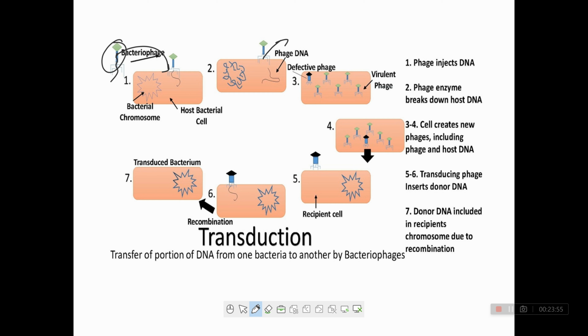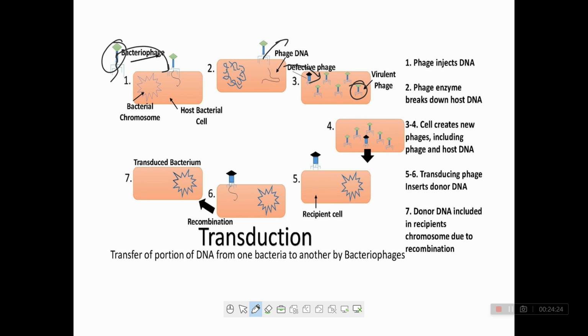So what happened here? This is the phage genetic material. This phage genetic material goes inside the bacterial cell. After going inside, they synthesize their protein by using the bacterial cell, and they develop inside the bacterial cell.